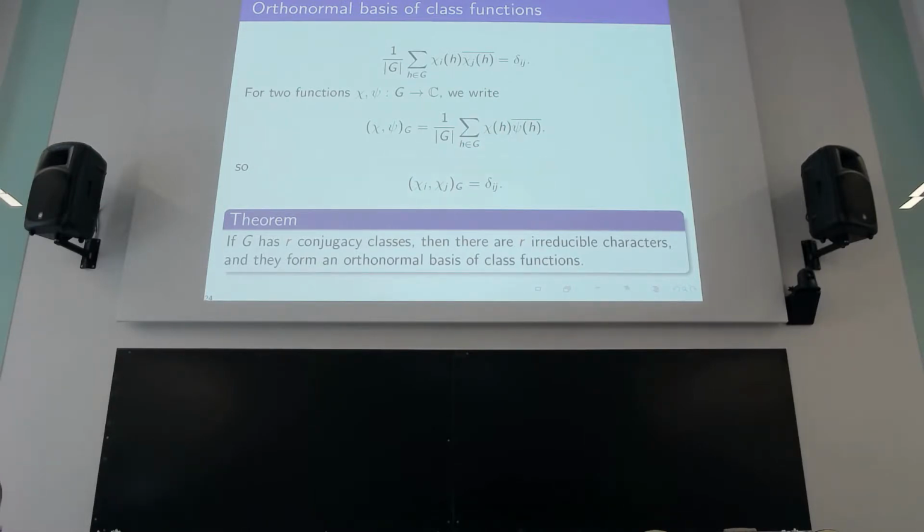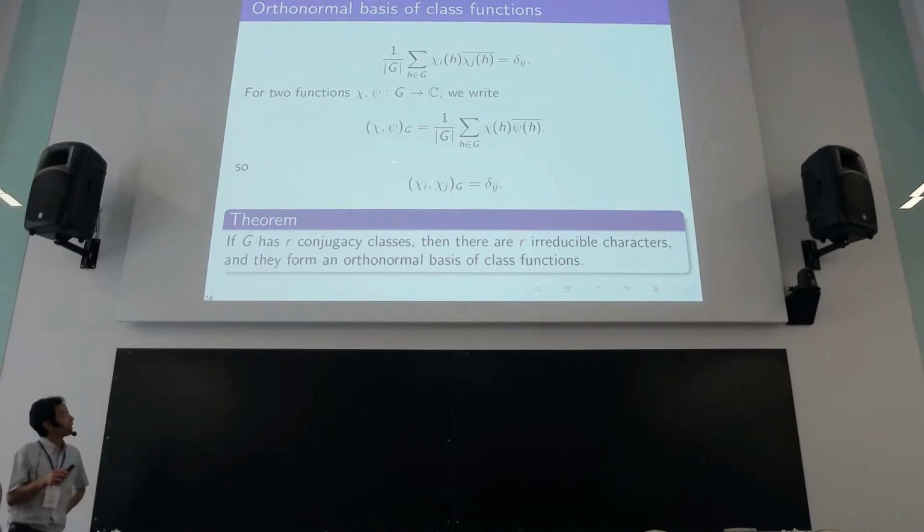So this is the orthonormality relation we established, and for shorthand notation, I just abbreviate this normalized Hermitian inner product by the usual notation for an inner product, but I keep G so that I know where I am taking the sum over.